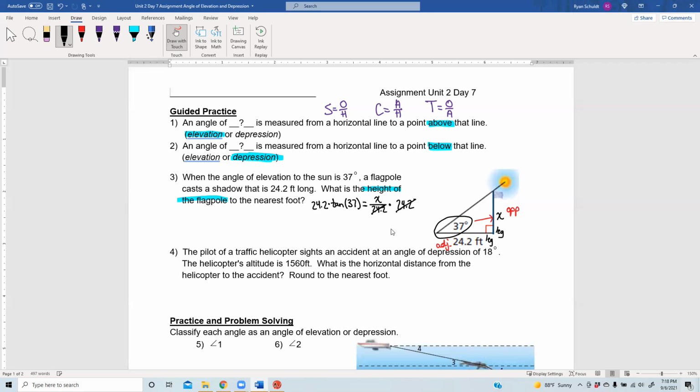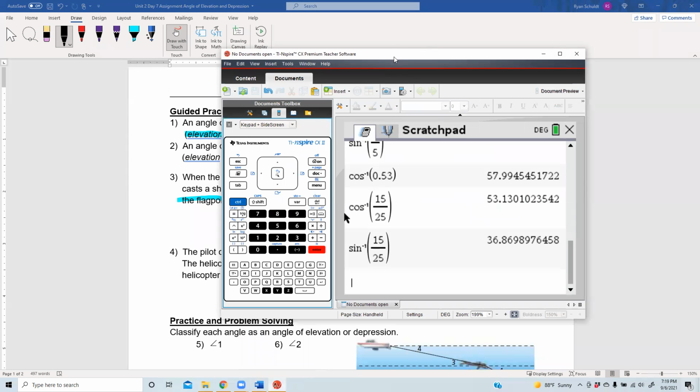Those cancel. We're going to have 24.2 tangent of 37 equals x. Is x by itself? You betcha. So now we can just type it in the calculator.